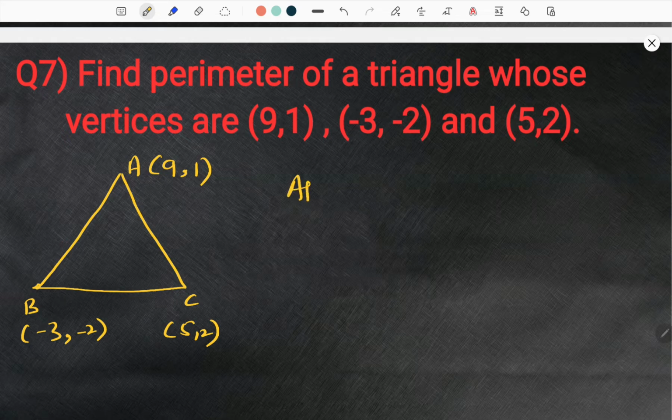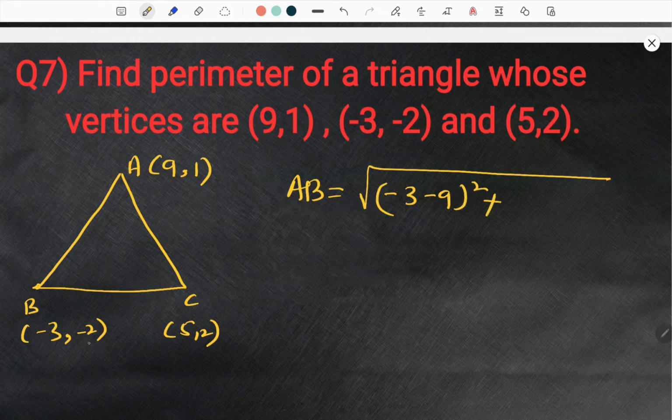What is this AB? Find out AB directly. AB is equal to under root, look here, minus 3 minus 9 whole square plus minus 2 minus 1 whole square. Look at this, x1, y1, x2, y2 you have to take.